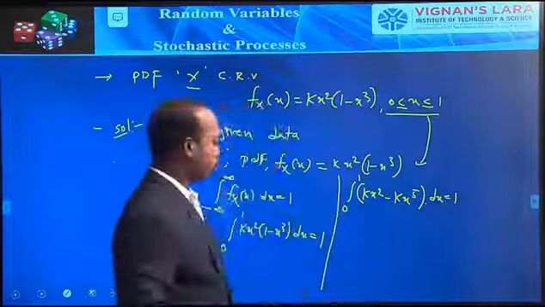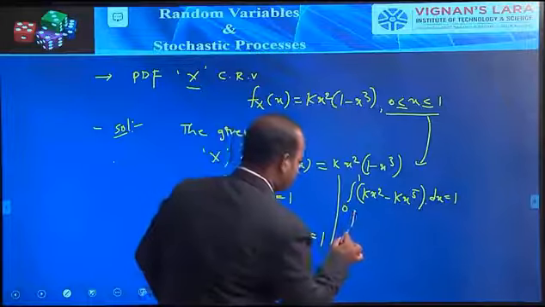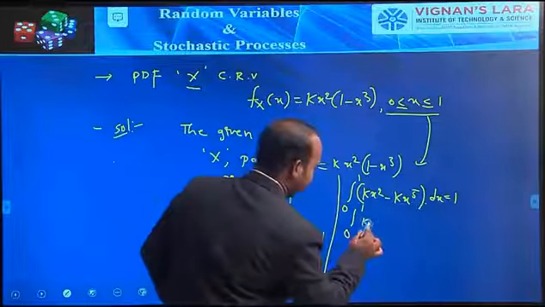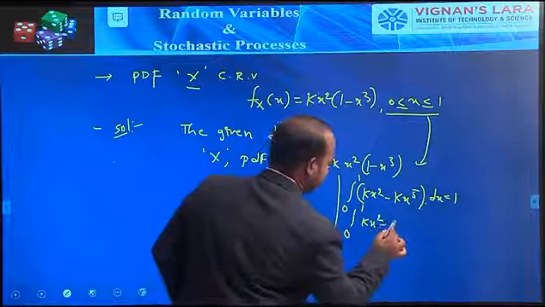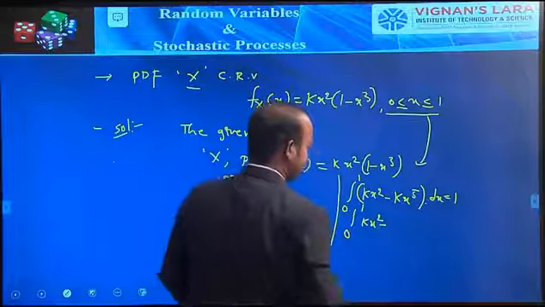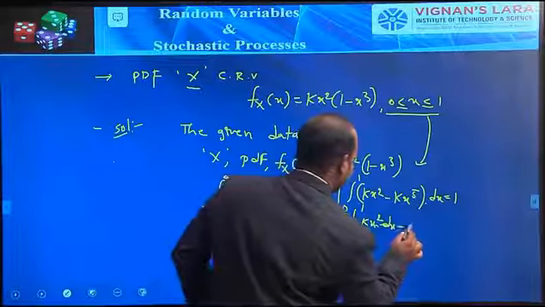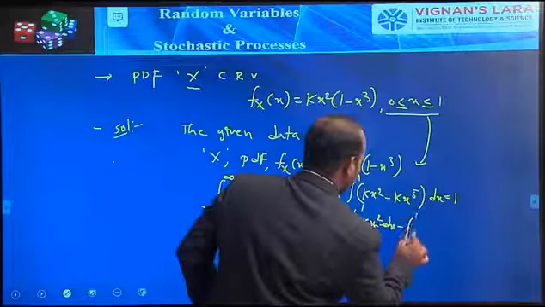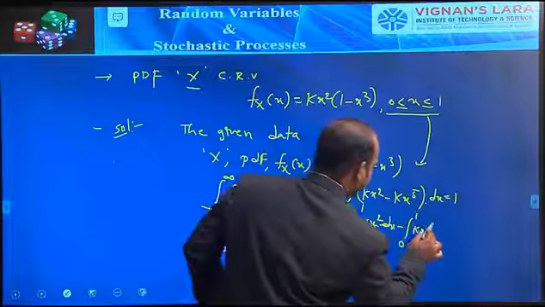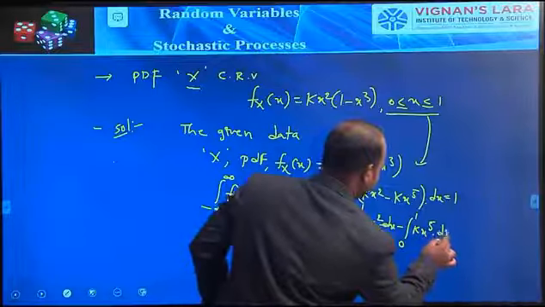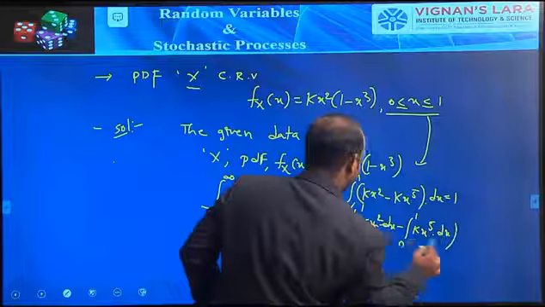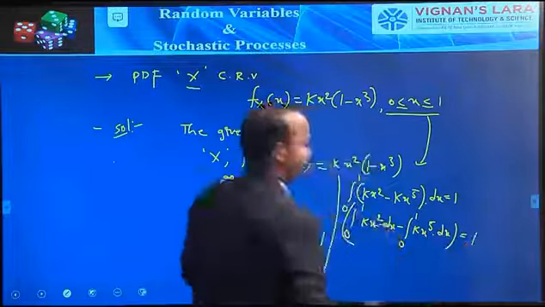Now apply the individual integration: the integral from 0 to 1 of k x square dx minus the integral from 0 to 1 of k x power 5 dx, whole value equal to 1.